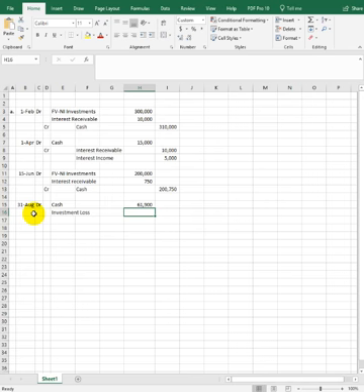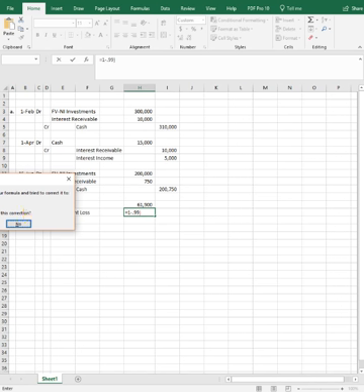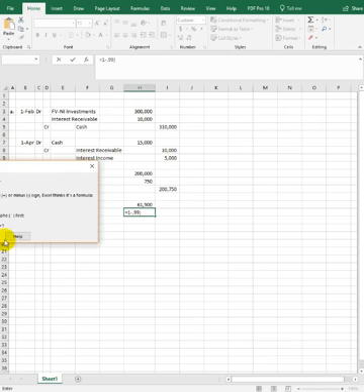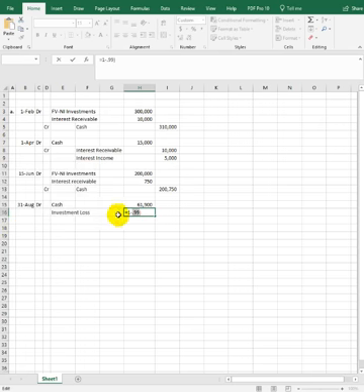And that's going to be equals 1 minus 0.99. Whoops, didn't like that. Alright, so I need another bracket.